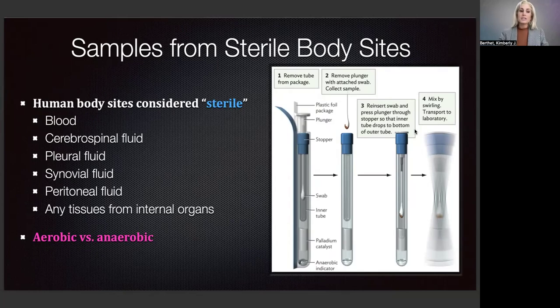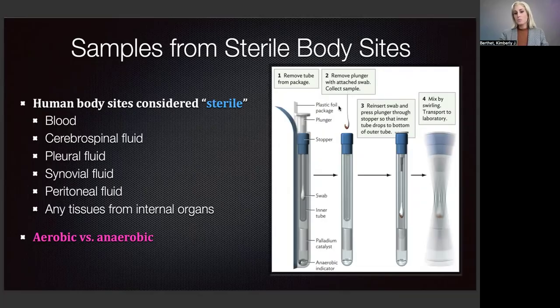The microorganisms that we find within the body can be aerobic or anaerobic, meaning they can be dependent or not dependent on oxygen, and oxygen may be relatively dangerous to them as the reactive oxygen species can accumulate. Looking at how we can sample here, this is a way to do sample collection for sterile body sites.